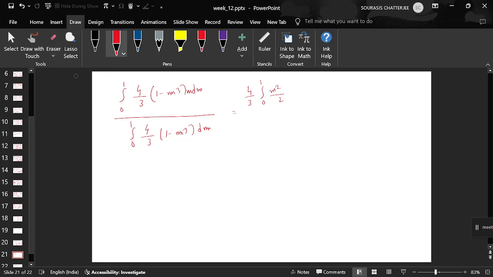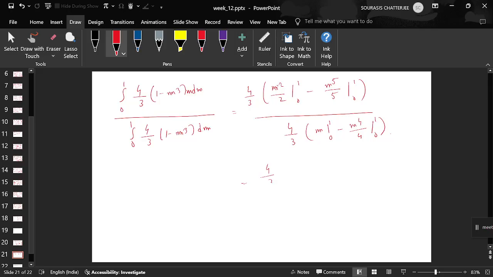Okay, I will just, signs are a bit misleading here. So this is m square by 2 in this interval, minus m to the power 5 by 5 in this interval 0 to 1. Similarly here we'll have 4 third common, m 0 to 1 minus m to the power 4 by 4, 0 to 1.